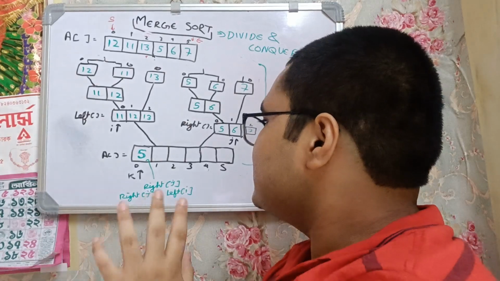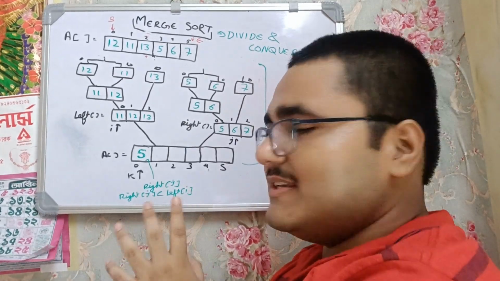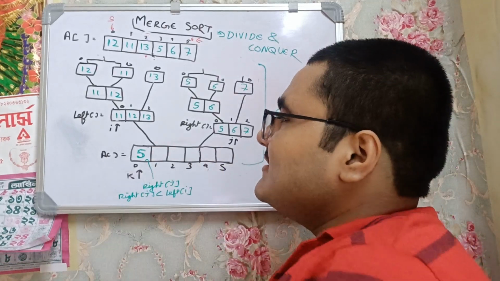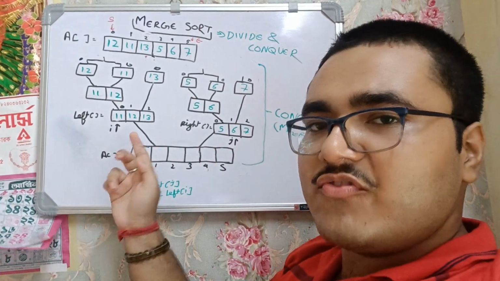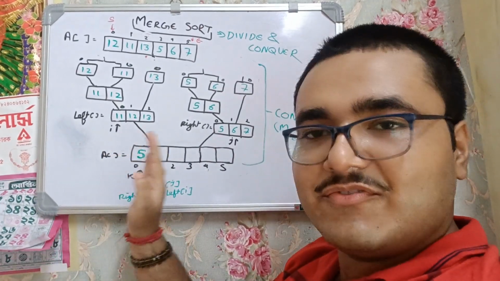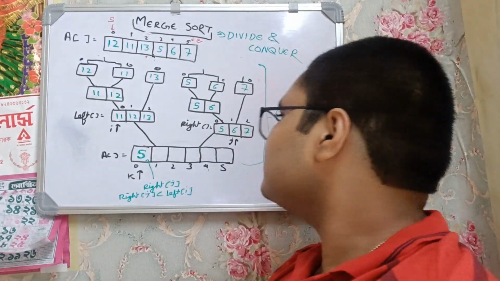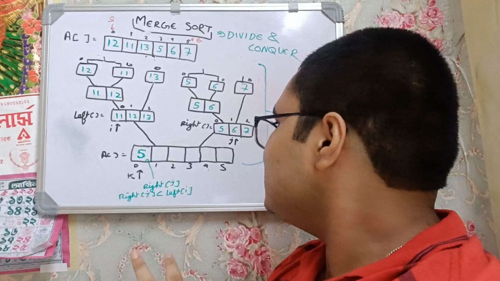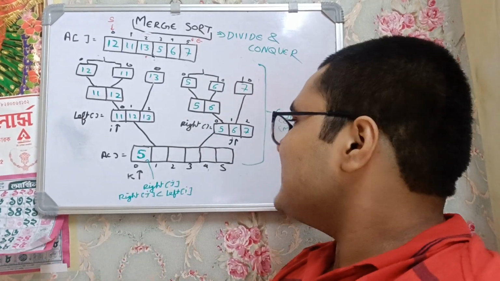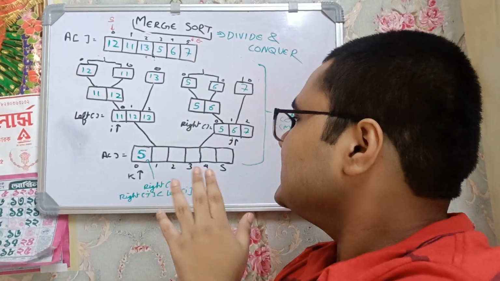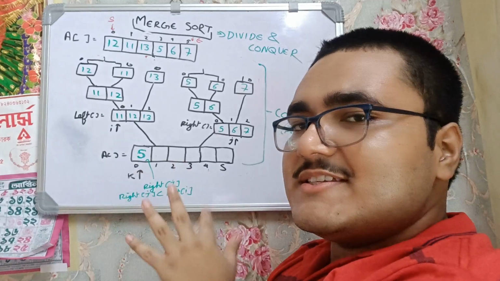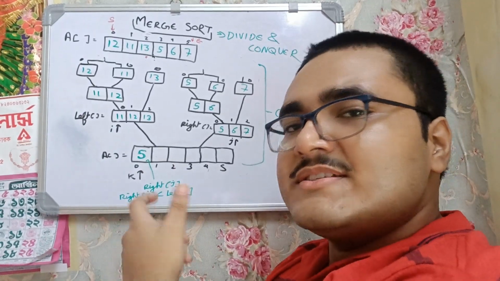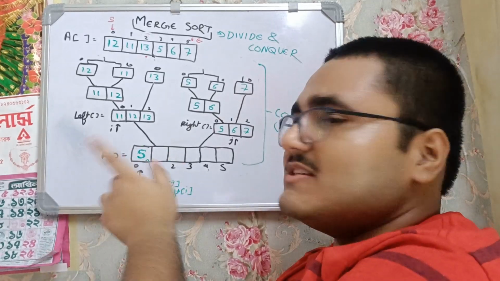Left of i is still 11, and right of j is 6. Again right of j is less than left of i. So who will enter the array first? 6, as 6 is smaller than 11.